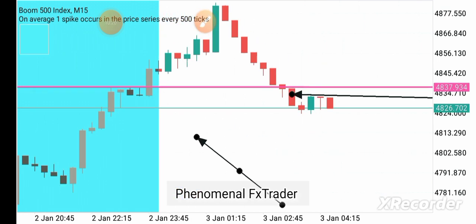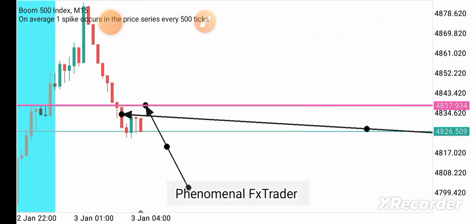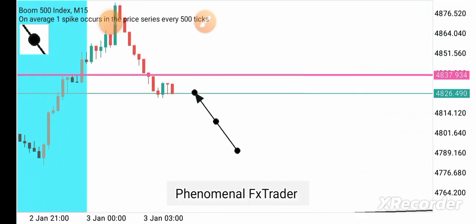Excuse me. So what we should expect is a retest on this line. If we can get a retest on this line, this zone here, then the market will continue selling. If we can get a retest on this line, we should expect another sales to come in, guys. Why I'm saying so is because market has been respecting this particular line.